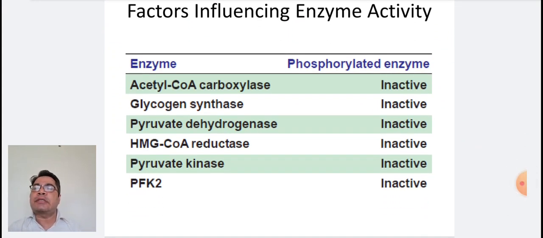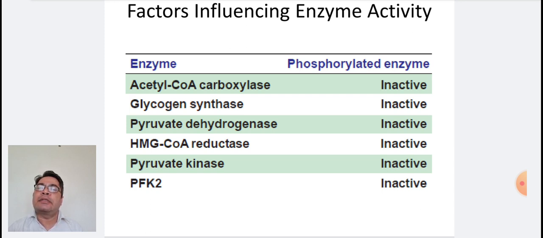Here are some certain enzymes that are inactivated by phosphorylation: acetyl-CoA carboxylase, glycogen synthase, pyruvate dehydrogenase, HMG-CoA reductase, pyruvate kinase, and phosphofructokinase.